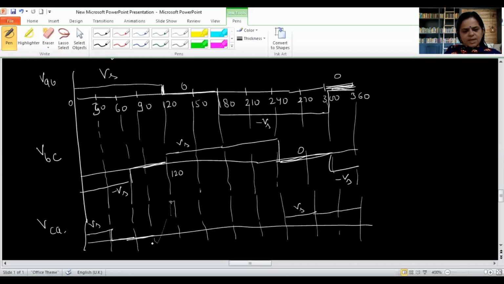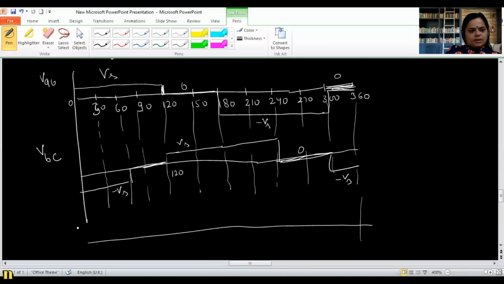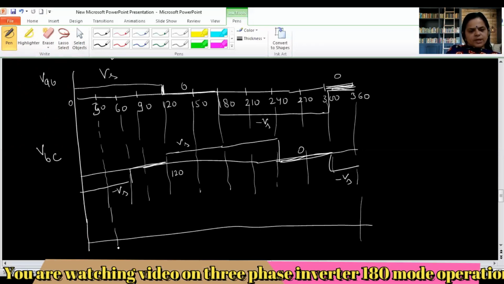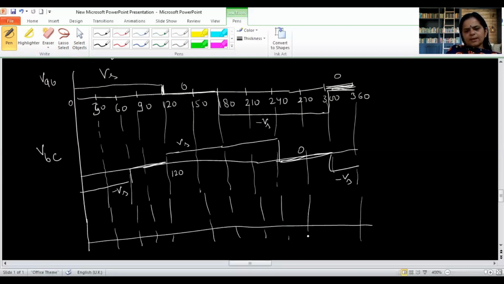This is also Vs, and then for 120 duration it will be minus Vs.